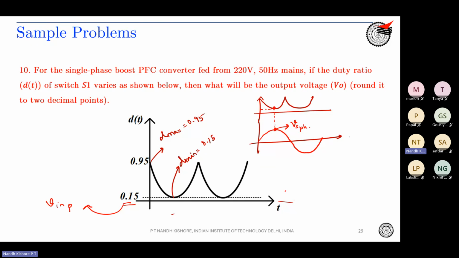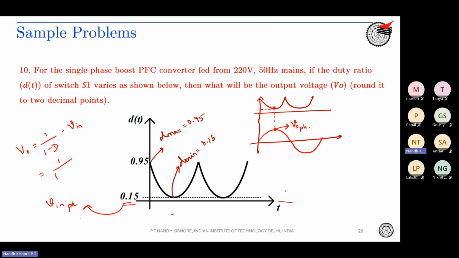Input voltage is the peak voltage. Fine. So your input voltage is at its peak, right? So from this itself, you can find out V naught. This is again a boost converter. So V naught would be 1 by 1 minus D times Vin.